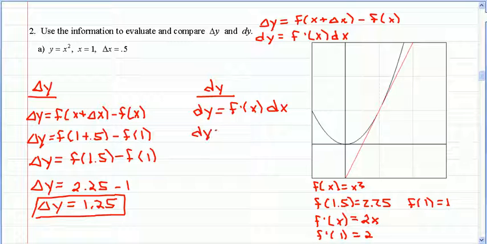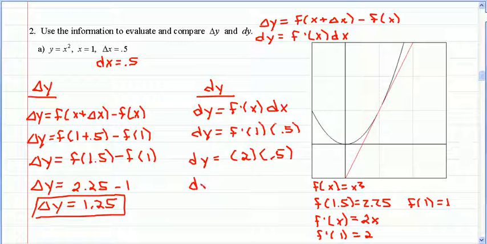So dy is equal to f prime of 1, and then dx is not given to us. But dx is always the same as delta x, so if delta x is 0.5, dx is 0.5. So dy is equal to f prime of 1, and f prime of 1 again was equal to 2. So dy is equal to 1.